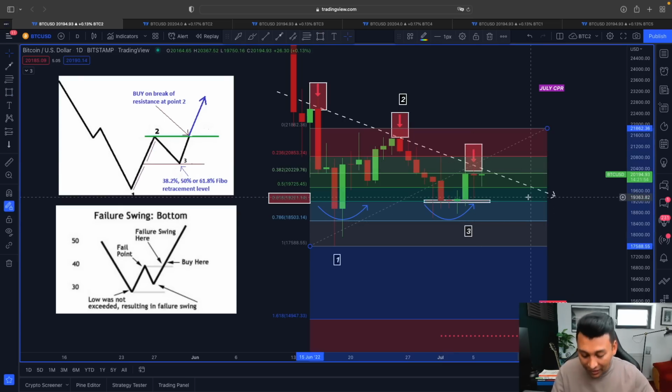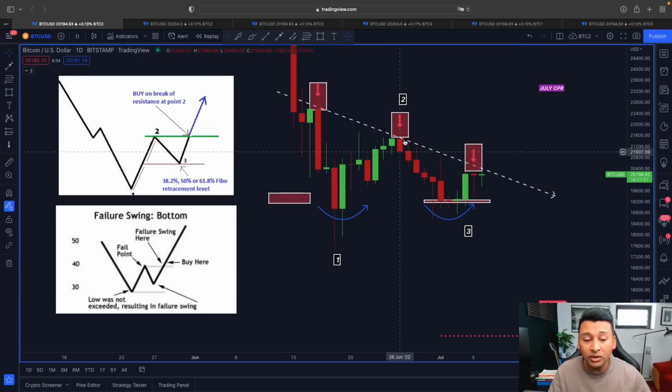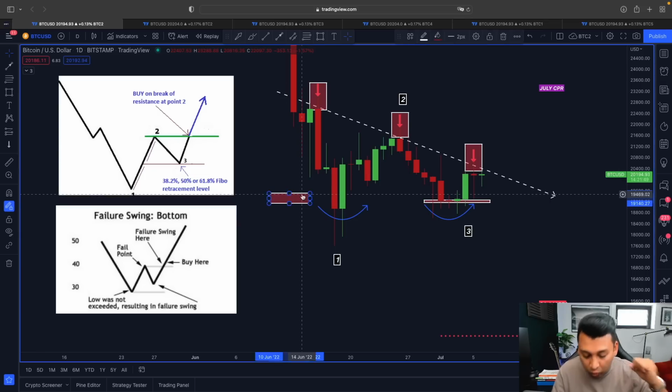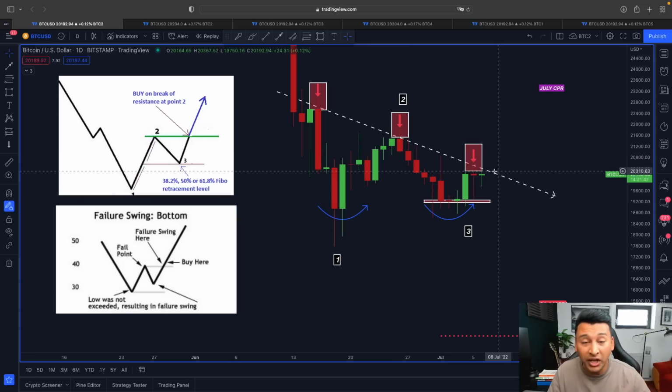So now, if this is going to be a 1 2 3 reversal pattern, what we want the price of Bitcoin to do in the medium short term is to break this small obstacle first, the falling trend line, which is around 20,400, 20,500.